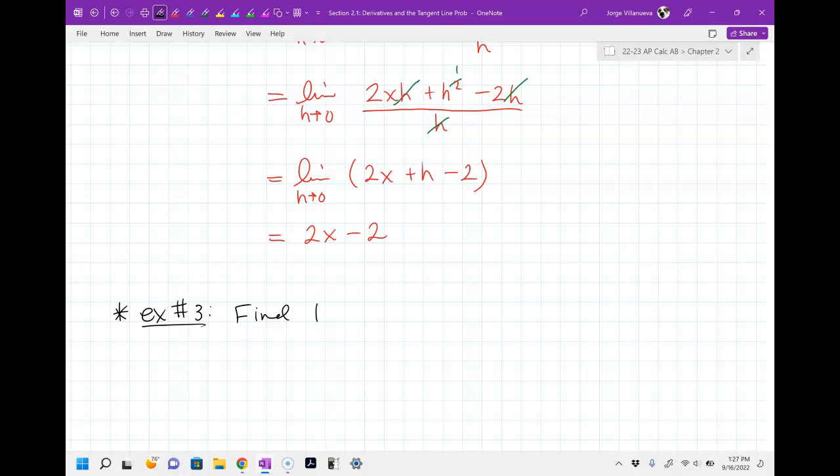Find the slope of the tangent line. So in other words, after you do the derivative, I want you to plug in the value to see what the slope is, the actual slope, for the function.